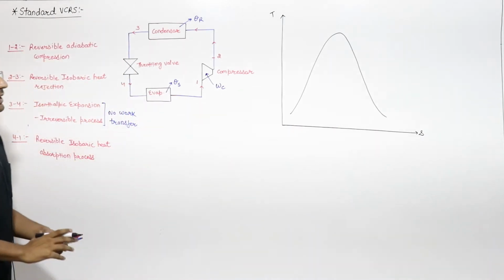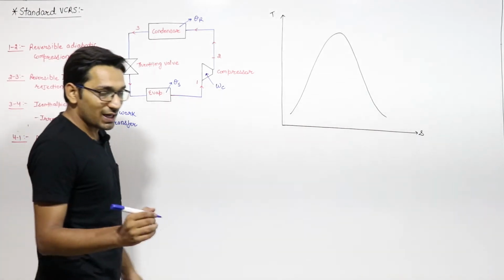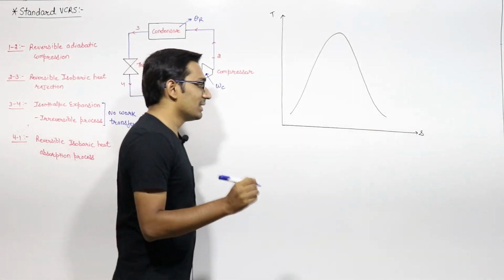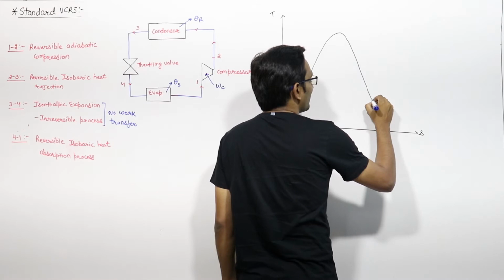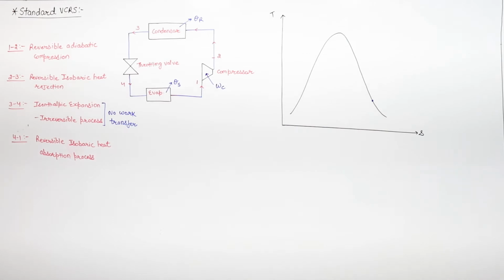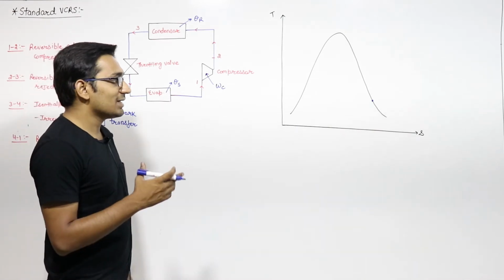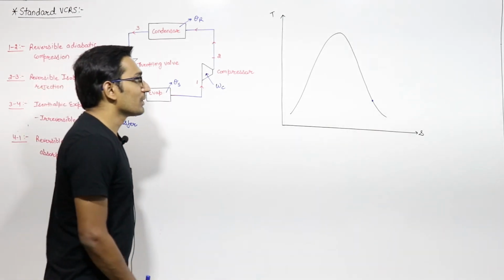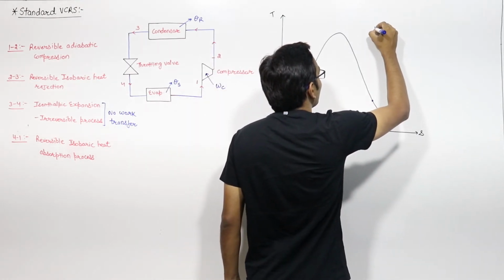If nothing is given in the question, if there is no mention of the initial state at the compressor, you have to always take the initial condition of the compressor to be saturated vapor. If nothing is mentioned, then we always take that at the inlet of the compressor the refrigerant is in the saturated vapor phase. Now from this we have an adiabatic compression like this.